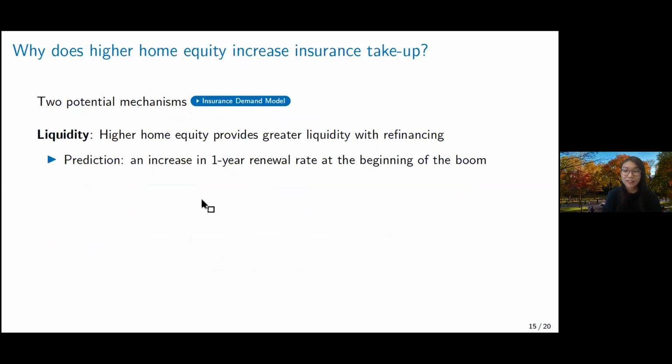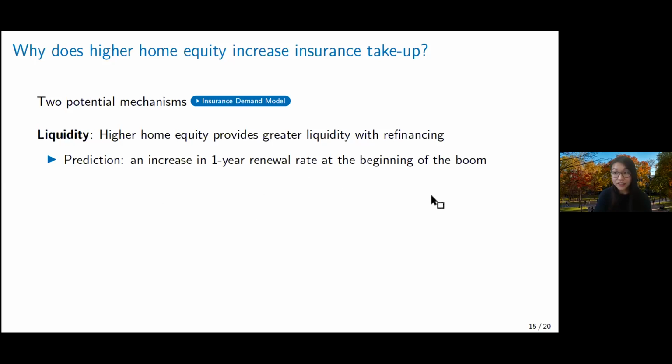And as I've explained, the first mechanism we considered is that there is higher home equity during the housing boom, and that provides greater liquidity to households, and they can then pay for flood insurance. So here we're going to test the prediction that there should be an increase in one-year renewal rate at the beginning of the boom.